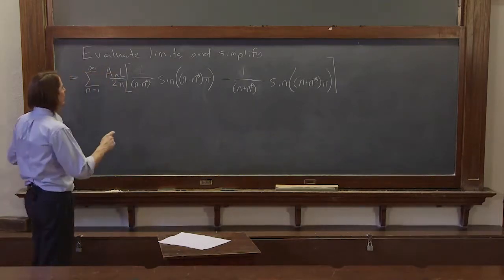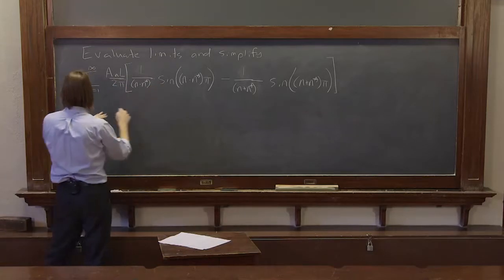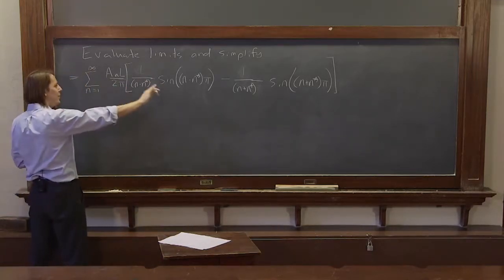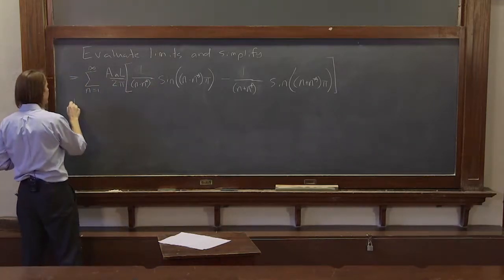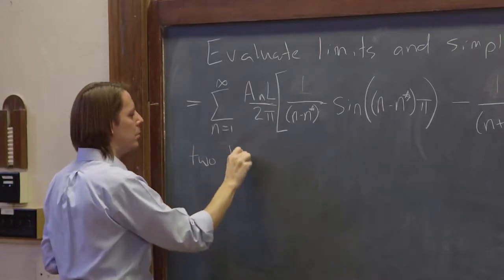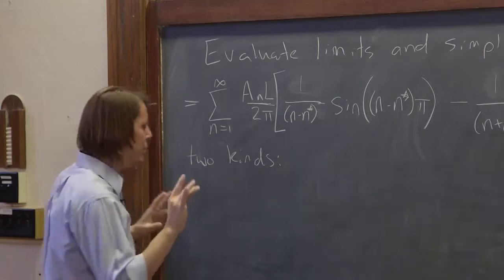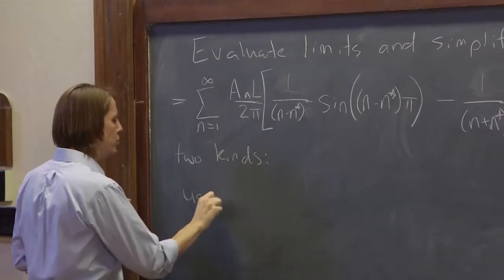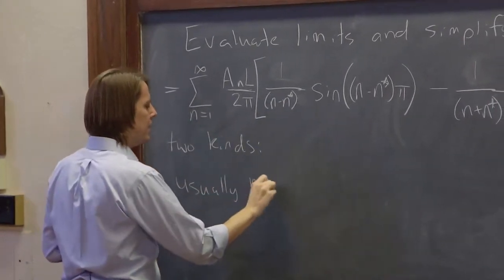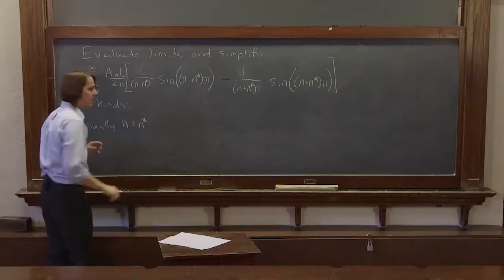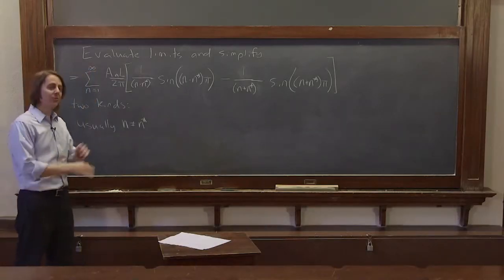You can realize, since we understand the difference between n and n star, that of all these infinite number of terms, there's really only two kinds of terms. All these terms can be grouped into two things. Usually, n does not equal n star. In fact, almost every time, right?